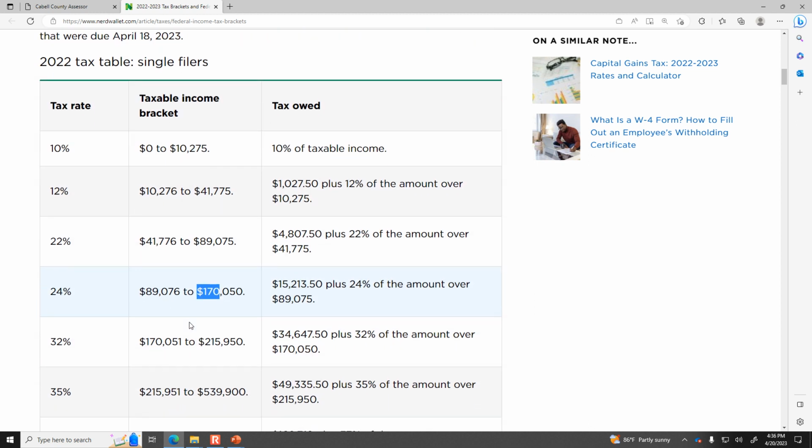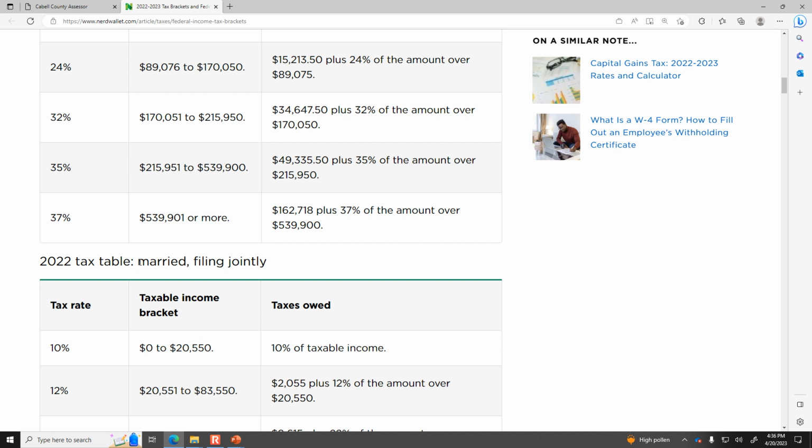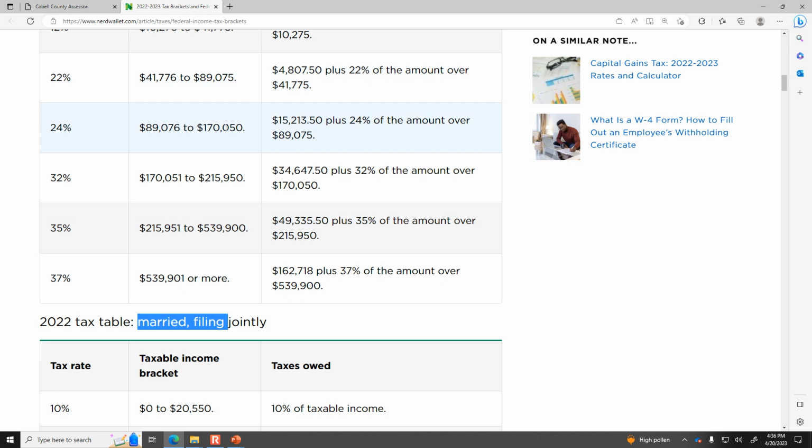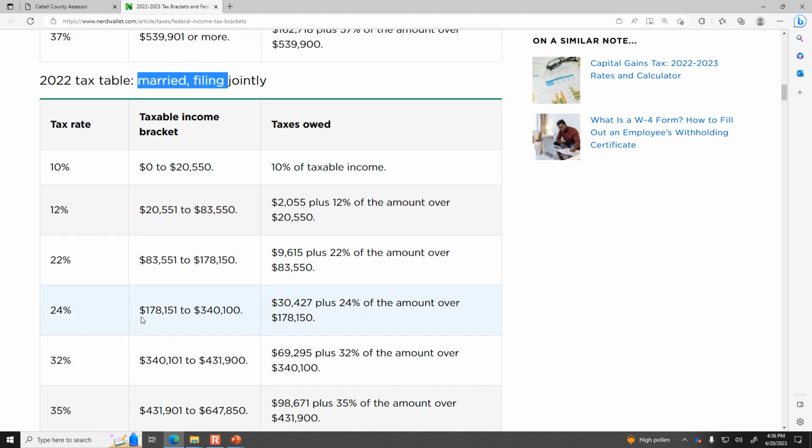All right, so if we look at the married filing jointly, the 24% bracket doesn't go from 89,000 to 170, it goes from 178 to 340. So what it does is it allows you and your spouse to make more money together and pay lower taxes than a single person who is making the same amount of money.